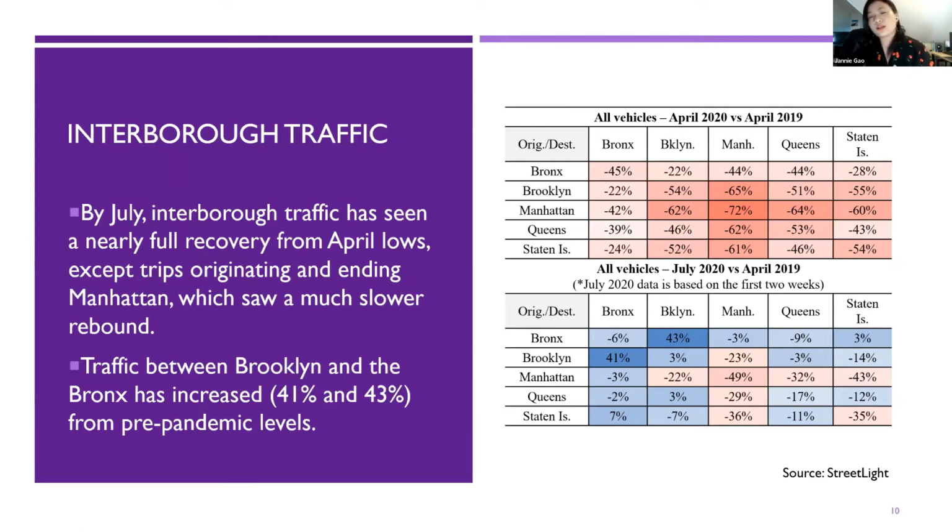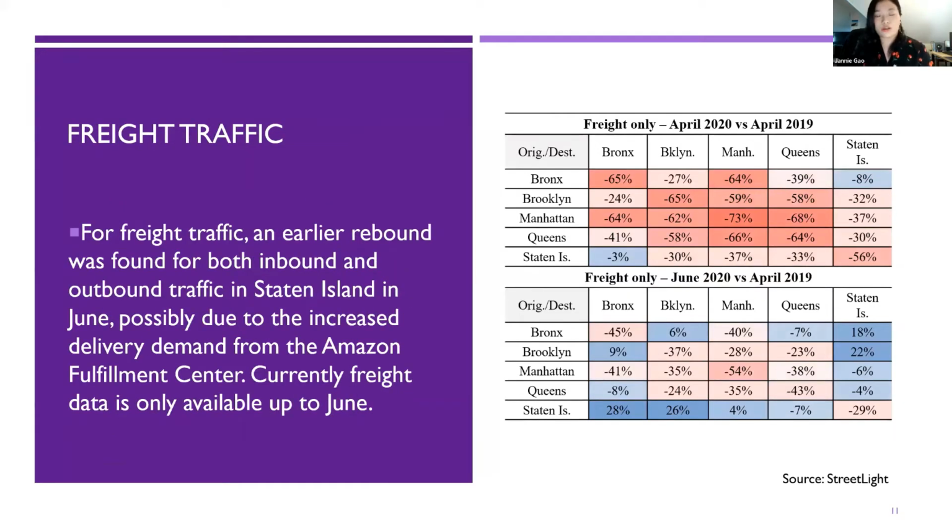So we said, besides the general traffic, what about the freight traffic? And then we created this table for freight traffic as well. Our interest is to know if the freight traffic has the same pattern or maybe not. And actually the answer is no, they don't have the same pattern. From the freight traffic matrix, what we observe is an earlier rebound for both inbound and outbound traffic in Staten Island.